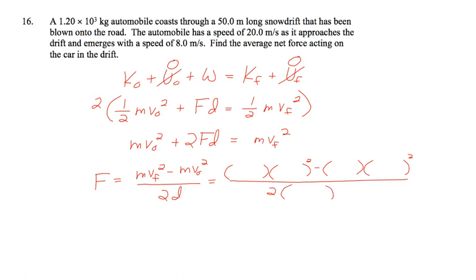So for the mass, I'm going to put in 1.2 times 10 to the third kilograms there and there. I'm going to put in the final velocity as 8. And the original is 20, so I know that it slowed down. And it slowed down over a distance of 50 meters.